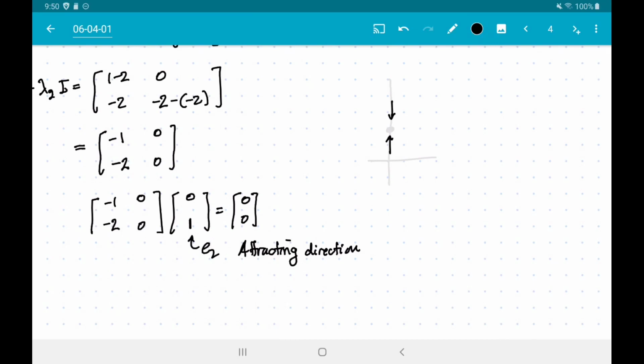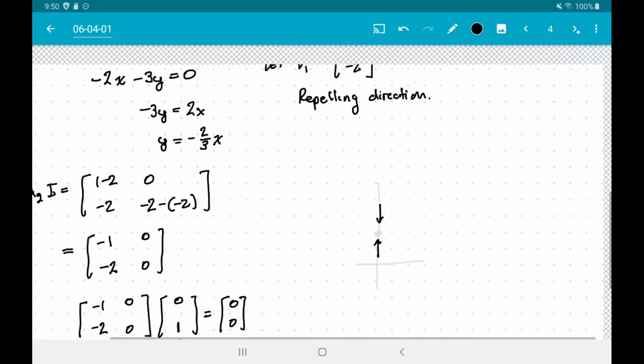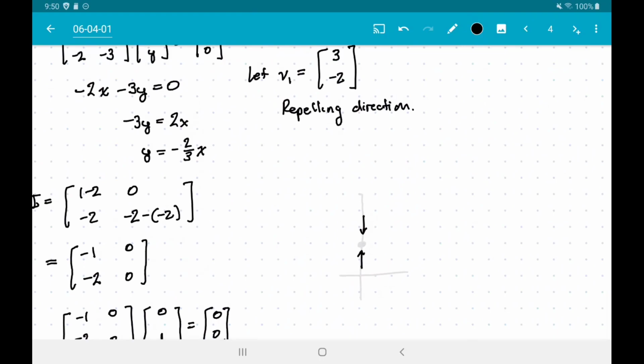And the repelling direction is, well, it's kind of down like this again, and then the mirror image up there. So solutions look like this. And I usually draw saddles as a circle with a cross in it. It just looks like the right thing to do.